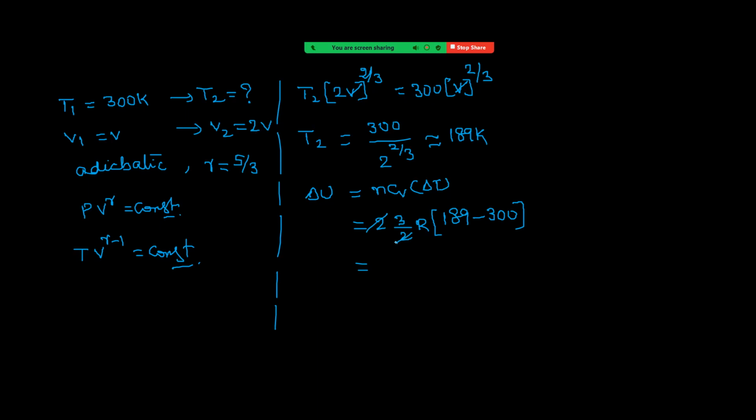Okay, 2 gets cancelled and taking R value 8.314. Then see what we get. So value will be approximately minus 2767 joules. Okay.